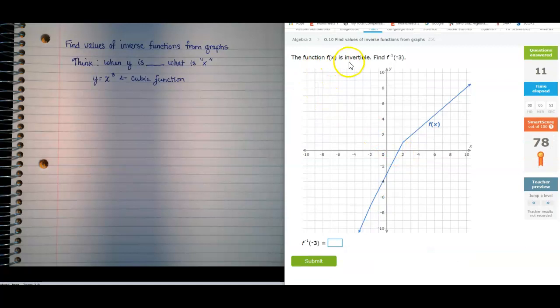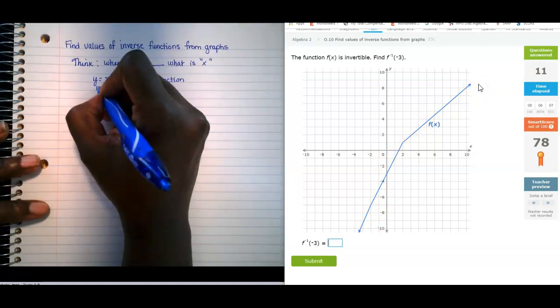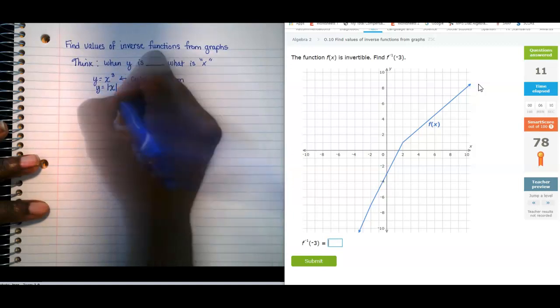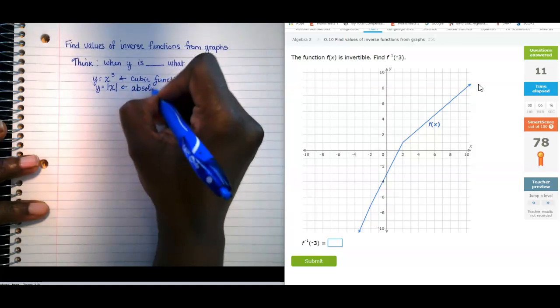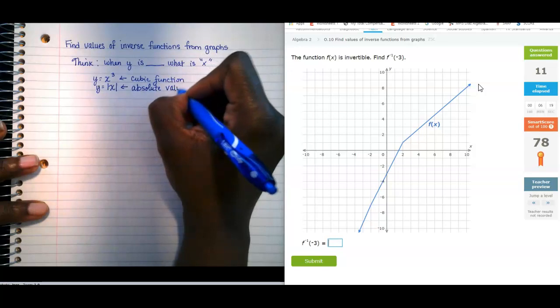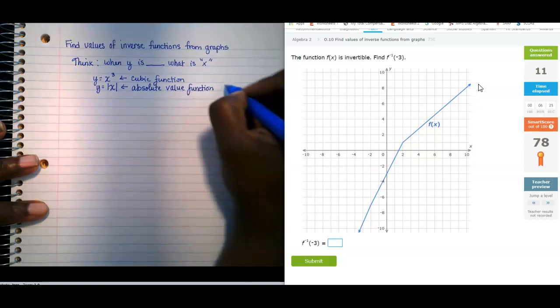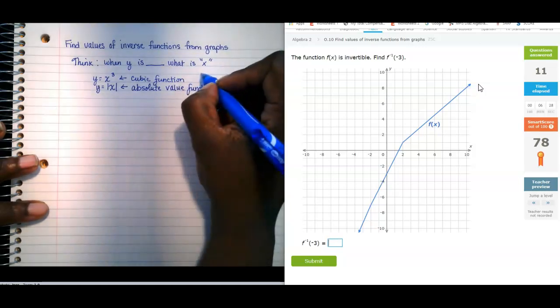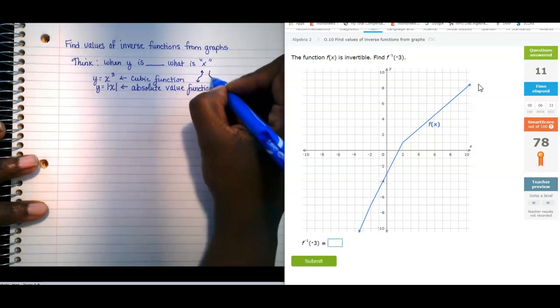The function f of x is invertible. Find inverse when y is -3. Now this is a horizontally stretched absolute value function. So an absolute value function looks like a V, and again the cubic function looks like a standing S. And sometimes it'll go this way as well.